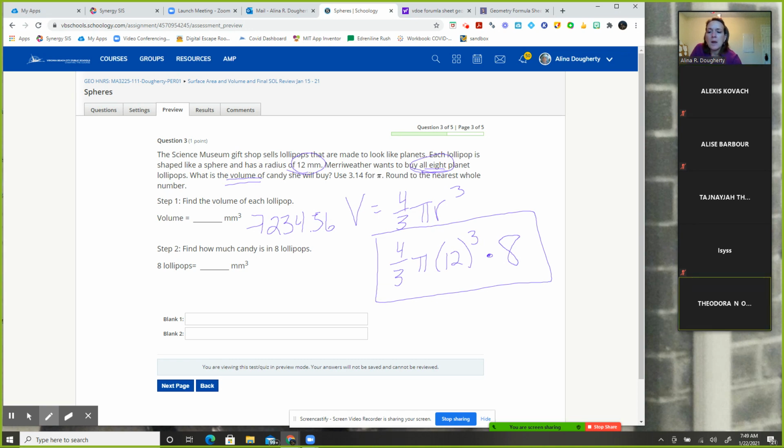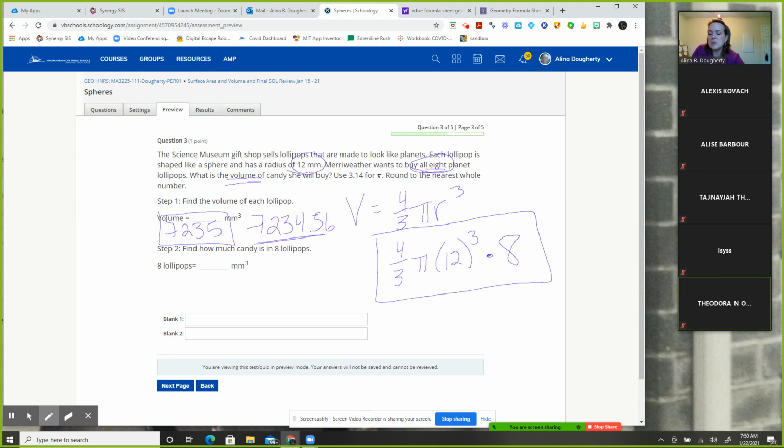Yes, but wait, no, because it says 7,235 is correct. So did you multiply 7,235 or did you multiply that by 8? 7,235. I bet they multiplied with the decimal.